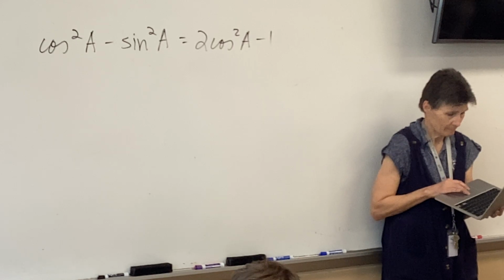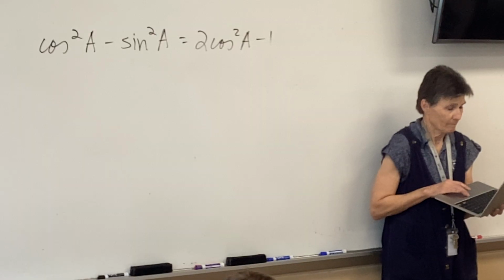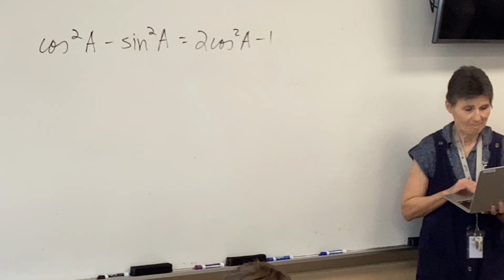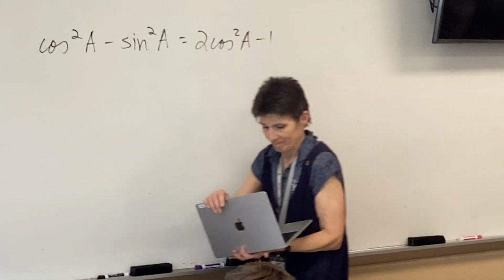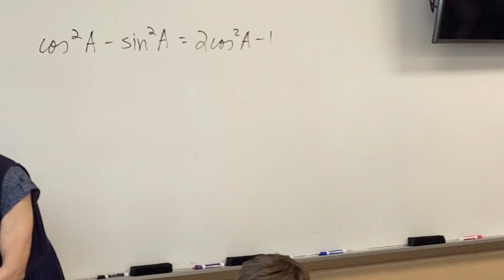I was gonna change the sine squared to 1 minus cosine squared, but it still has to be a flip, because it's negative. Right? Sine squared plus cosine squared is 1.